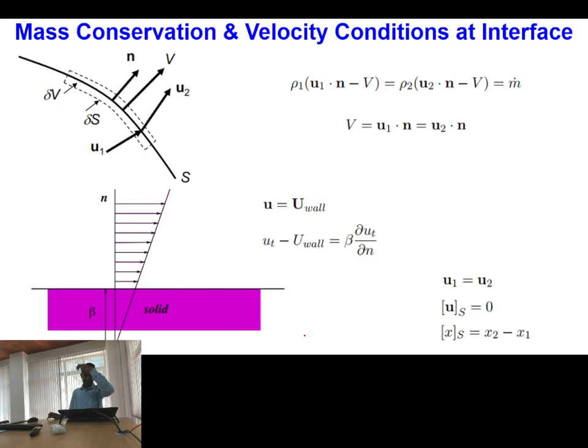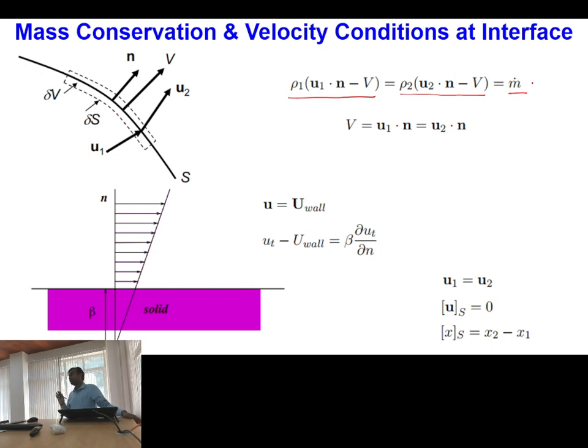So what we were doing is specifying the kinematic boundary conditions at the interface. For that, we took this dashed line control volume, and we assumed that the thickness of this control volume is extremely small. Okay, in case the thickness is small, then whatever mass is entering from phase 1 to this control volume will be equal to the mass flow rate which is going out into fluid 2 from the control volume, and it is equal to m dot.